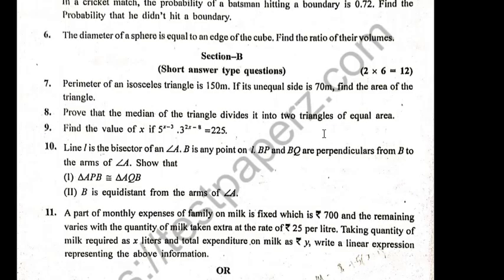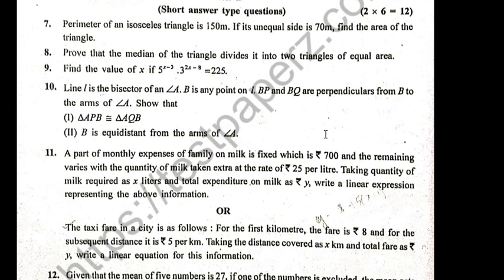Prove that the median of a triangle divides it into two triangles of equal area. If I am able to prove that the median is dividing it into congruent triangles, then their areas will also be equal.